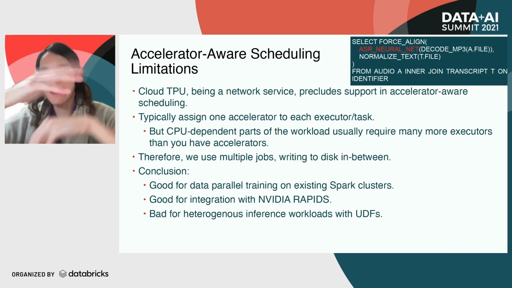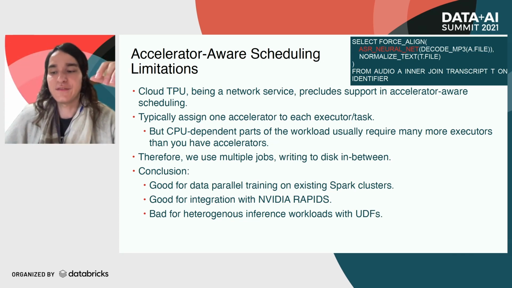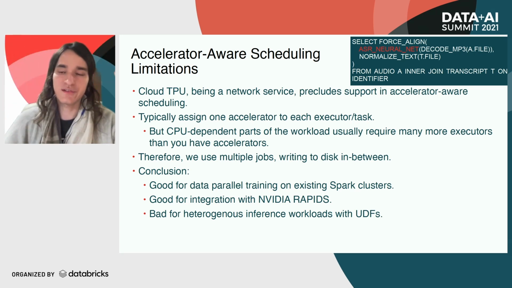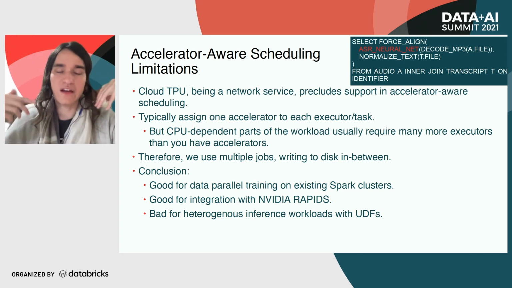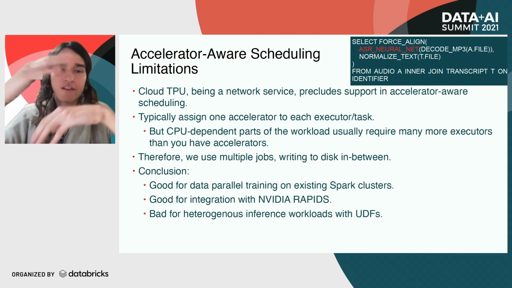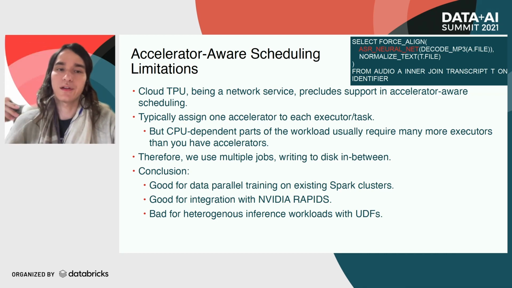It's local. It's attached to the PCI Express bus. For the TPU, that's not the case. The TPU instance is a totally separate computer into which you cannot SSH. So because you can't SSH, you cannot create a Spark slave, essentially, to run jobs on that machine. So effectively, it doesn't really play that well with Spark.